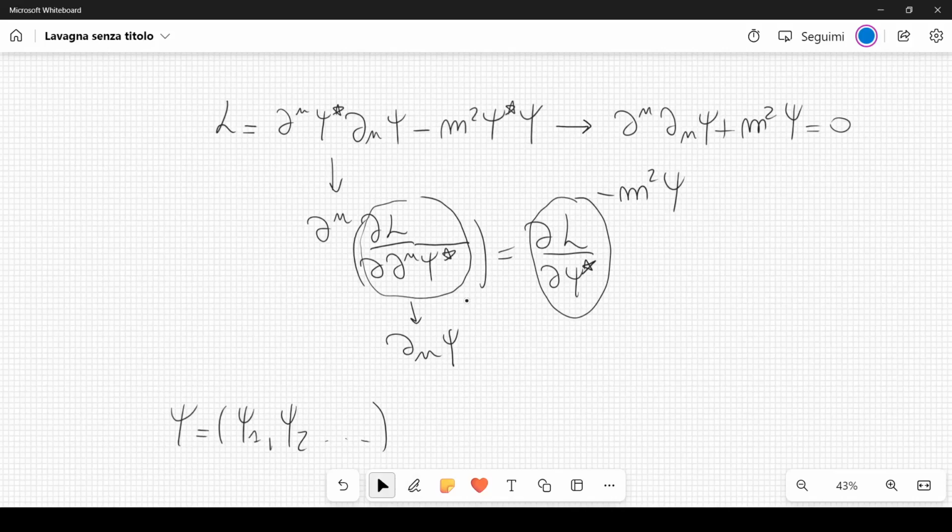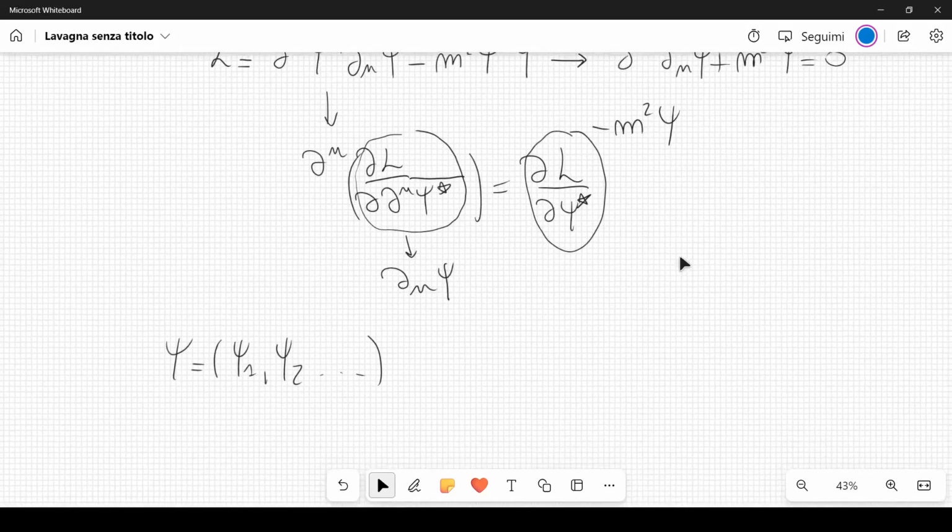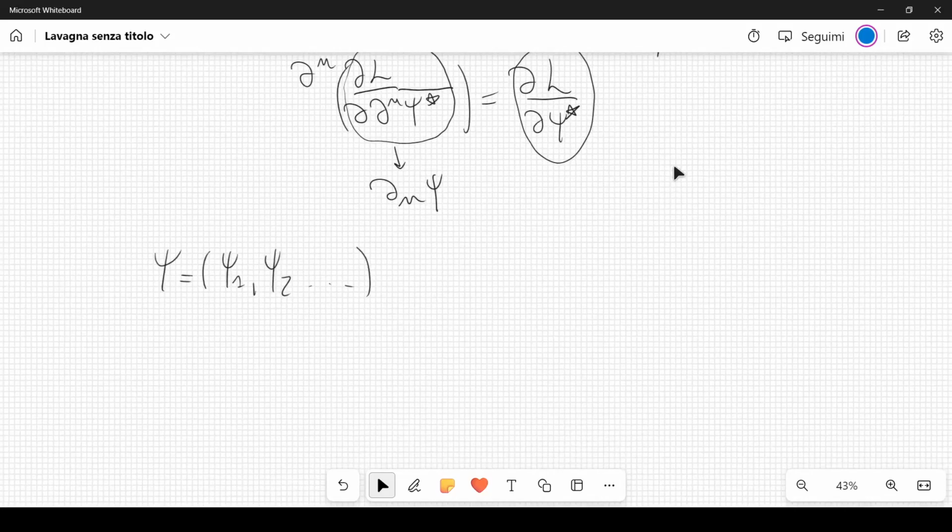Now, we want to consider something which is invariant. We want to construct a Lagrangian which is invariant, and we are going to do very simple considerations without resorting to Lorentz transformations. In particular, first we start from considering something like this: psi dagger psi.